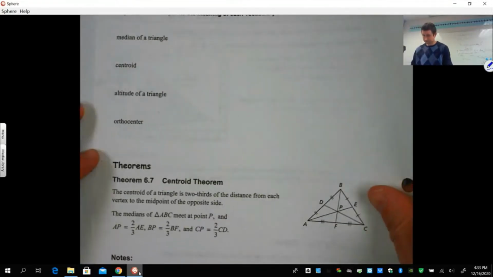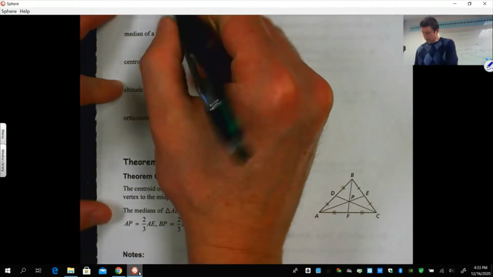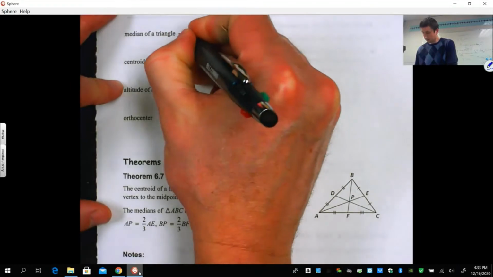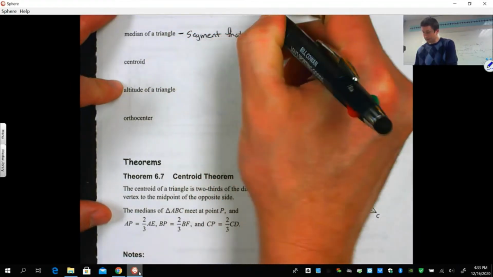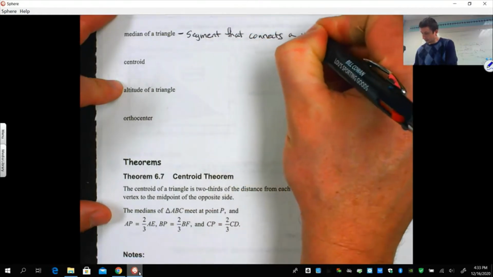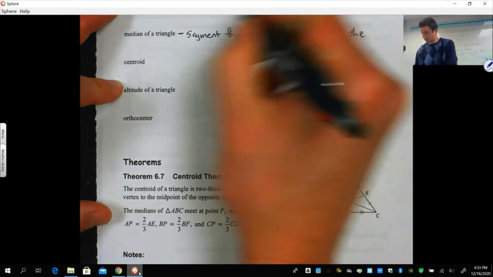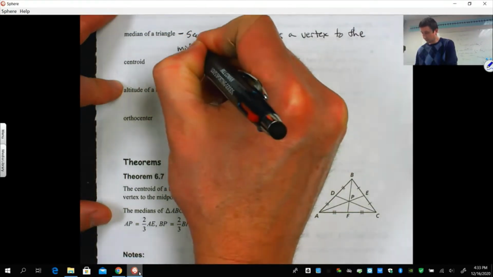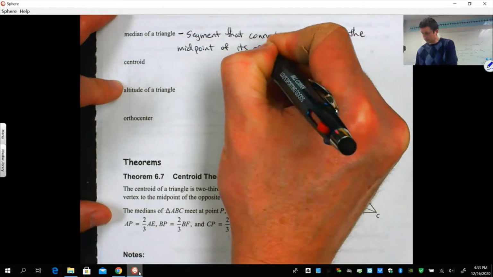So some of our vocabulary before we get to the centroid here. The median of a triangle is a segment that connects a vertex, that's our corner, to the midpoint of its opposite side.